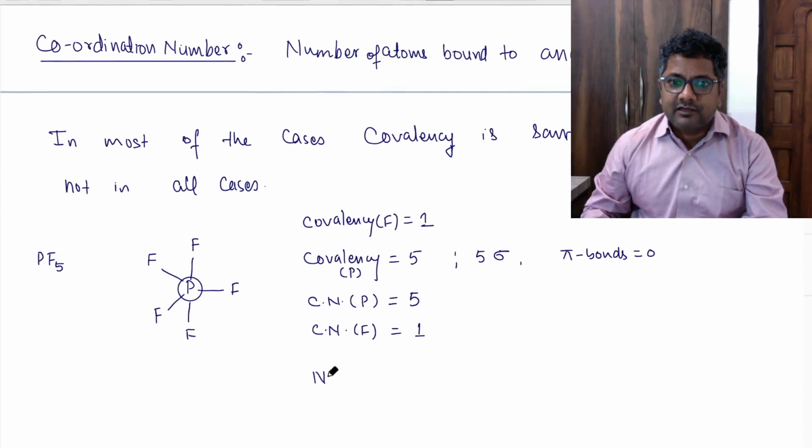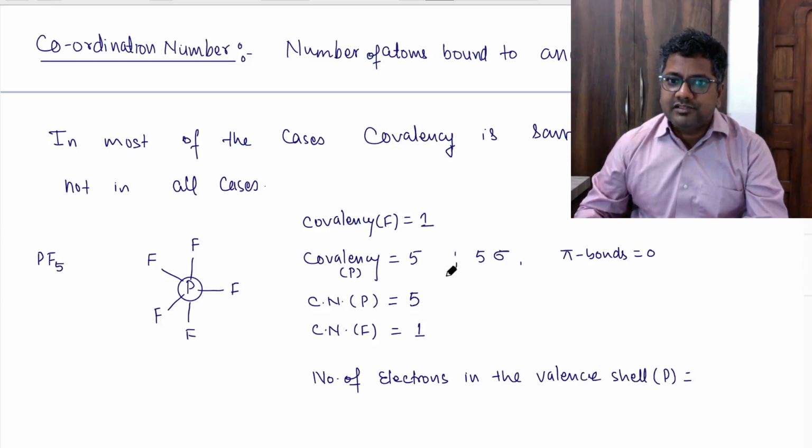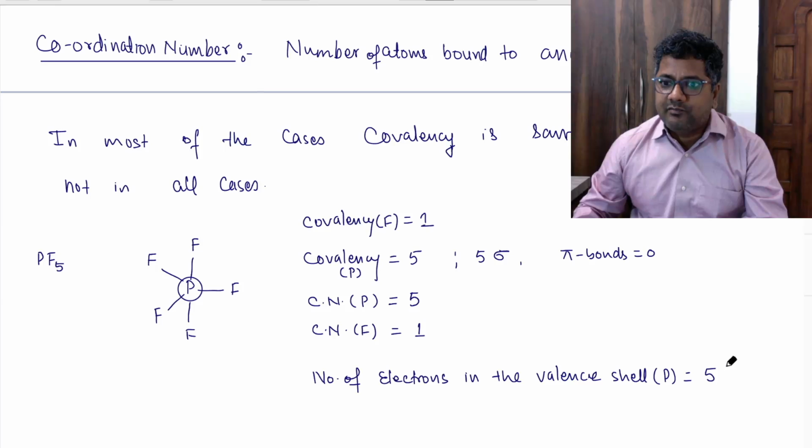And how many electrons are there in the valence shell of phosphorus? The number of electrons in the valence shell of phosphorus is equal to number of bonds, 5. So 5 bond pairs, and 5 into 2 is equal to 10, right? 10 electrons.